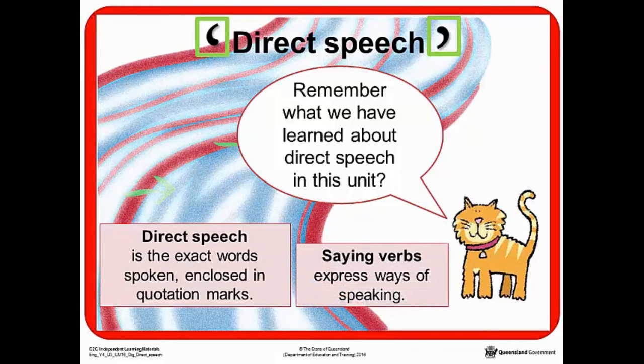Direct speech is often followed or preceded by a saying verb that expresses how the words are spoken. For example, whispered, shouted, bellowed. It is more interesting to use a range of saying verbs rather than always using said or replied.